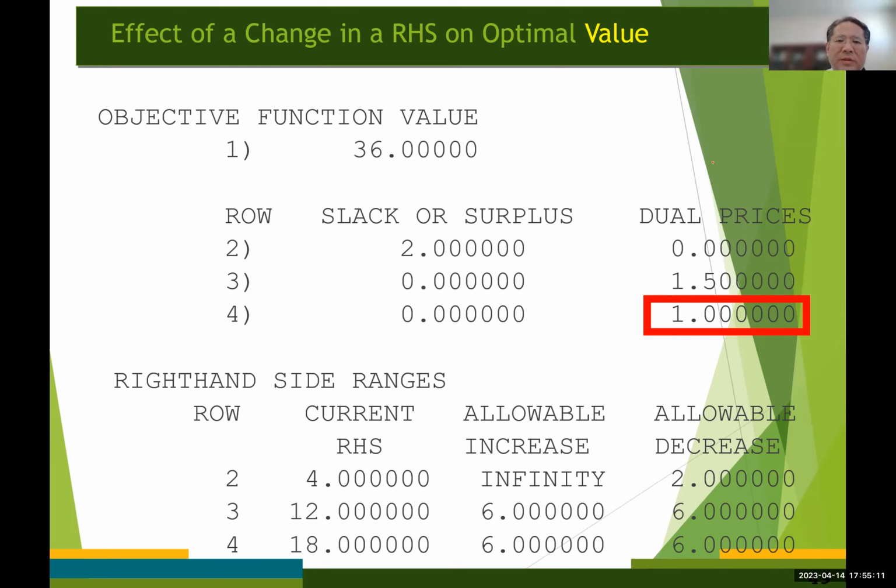So the objective function value will be changed to 36 minus 1 times 1. So that's the amount of changes, and this one is from the dual price. As a result, our objective function value will be decreased to 35. Okay.